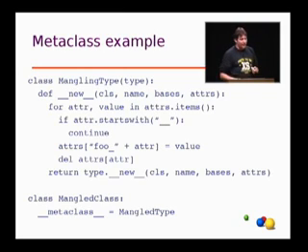If you want a subclass to have a different metaclass, your metaclass has to be a subclass of your superclass's metaclass. So if I wanted to have a more mangled class with a more mangled metaclass, I have to subclass mangling type to get a more mangling type and have that as my metaclass.